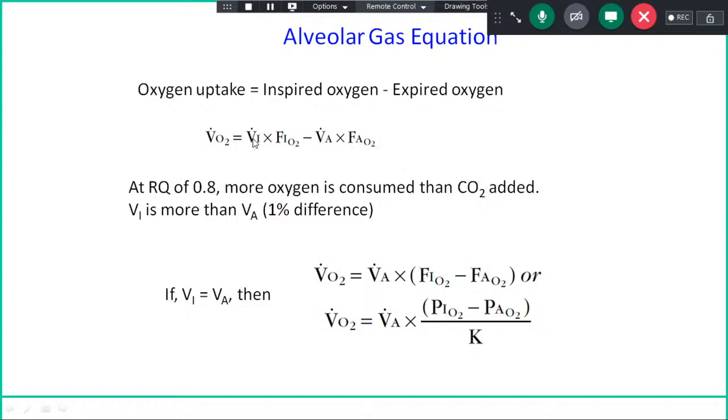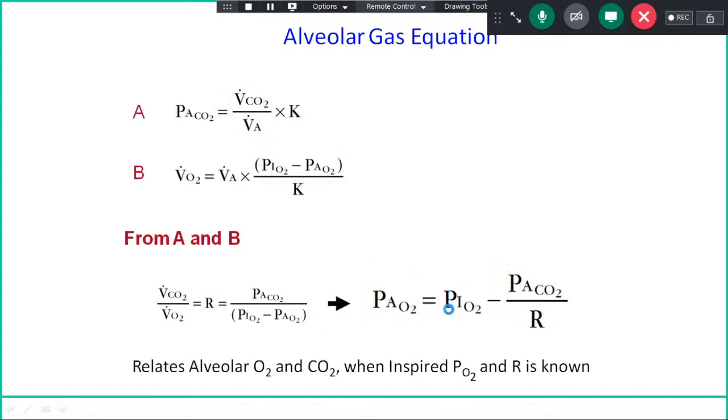So for these two values, Vi and Va, which are written in the equation, there is a slight difference. But if we presume that these two are equal, that the volume is considered to be equal, then you can exchange Vi with Va and derive the equation written on the right.